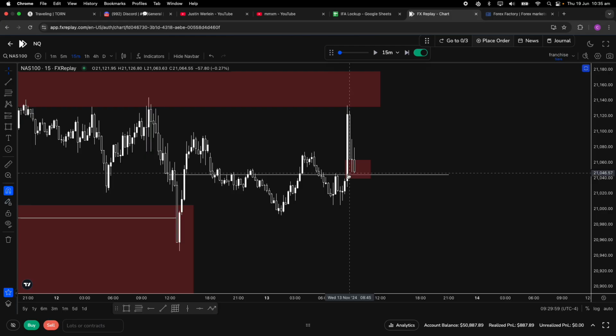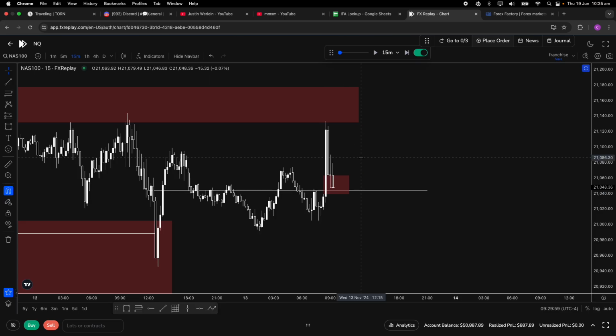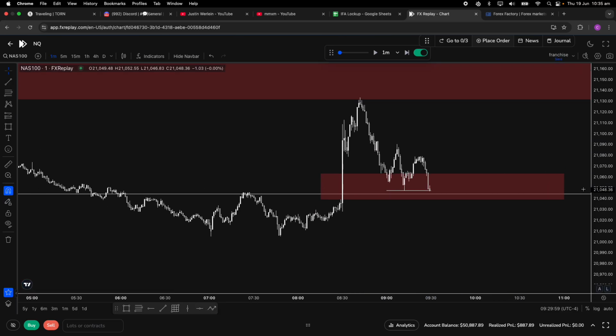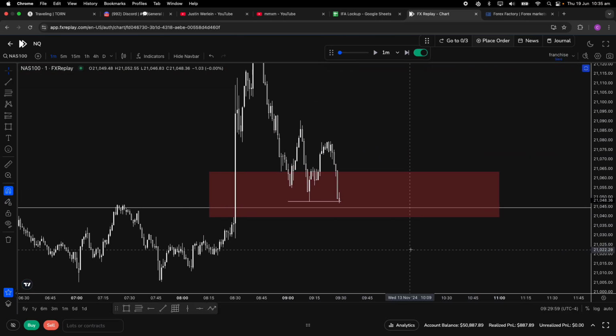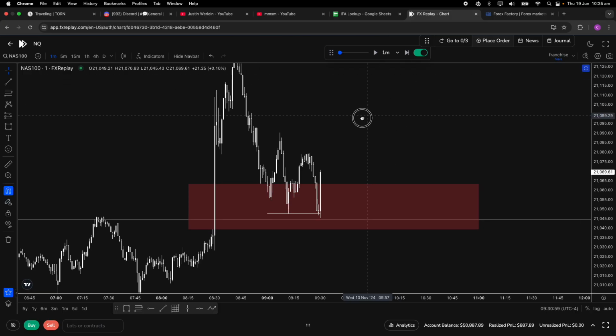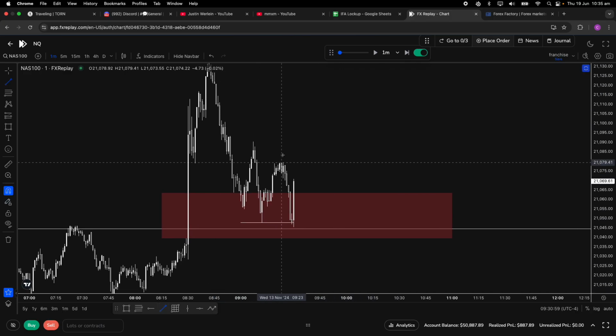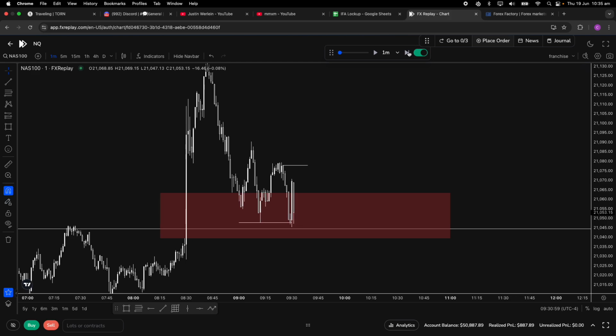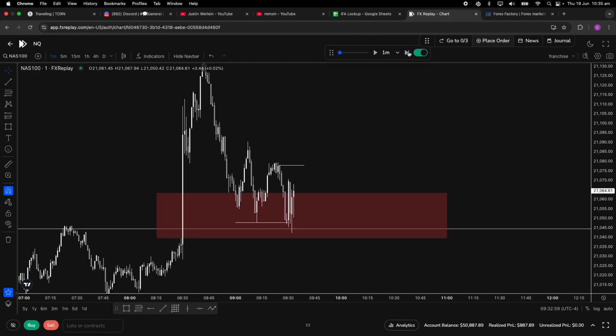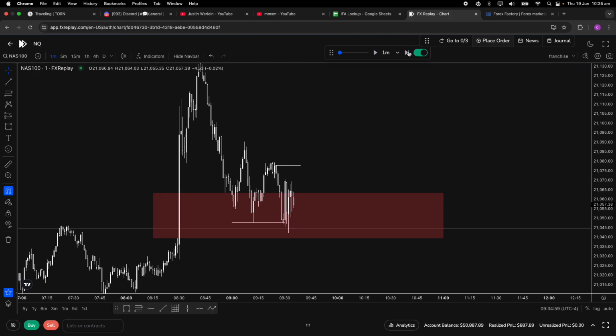Obviously we've already got a wick inside, so ideally we turtle soup this, and then we can get our structure. Okay, that's a nice candle, but we'd probably want to see a close above here. Okay, we got another.